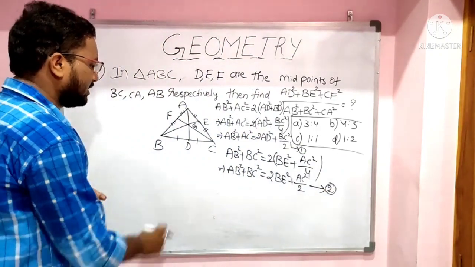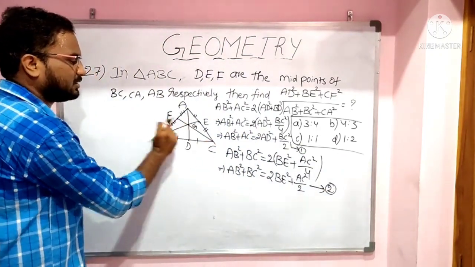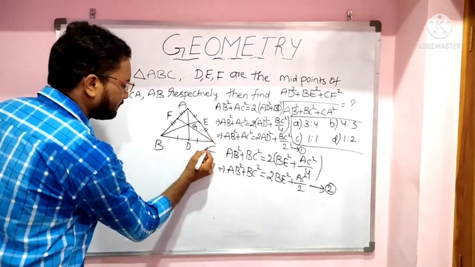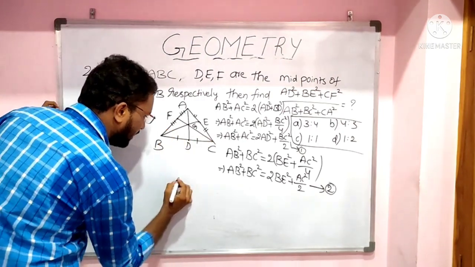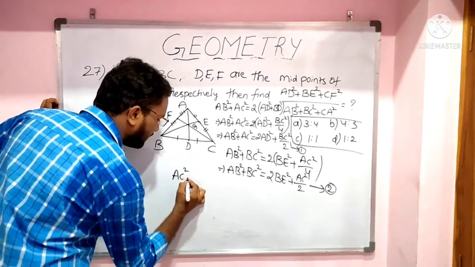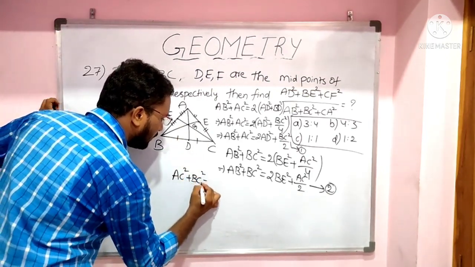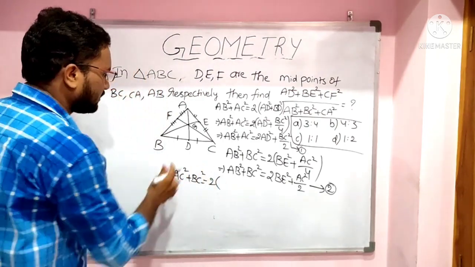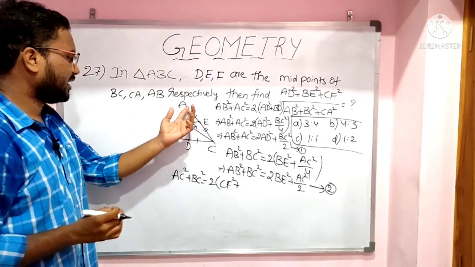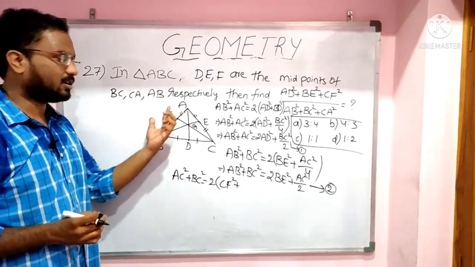And then similarly, if you write for this median, CF is the median. So by Apollonius theorem, AC square plus BC square equals 2 into CF square plus AF square or BF square.